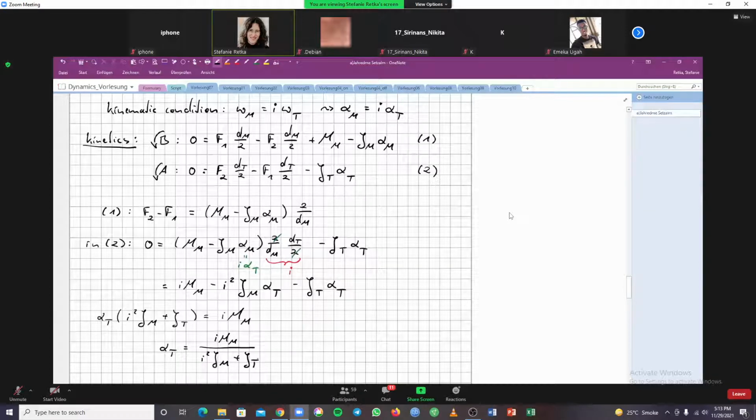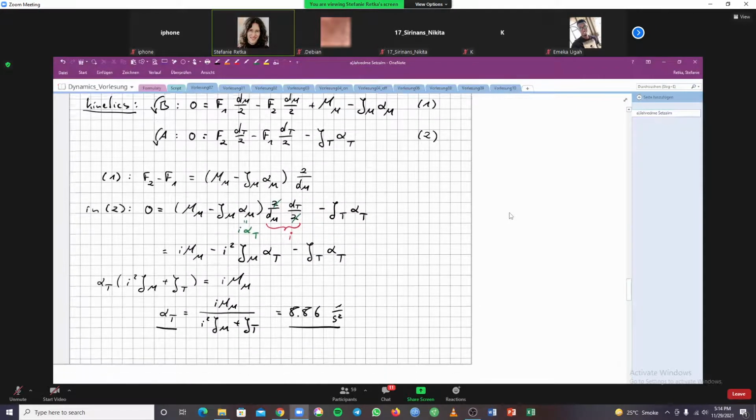Like this. All these values are given. And then when we enter these values into the equation, we obtain 8.86 per square second. Okay.